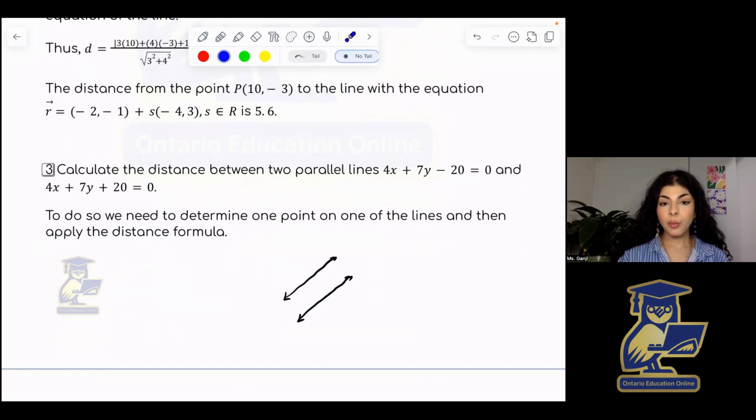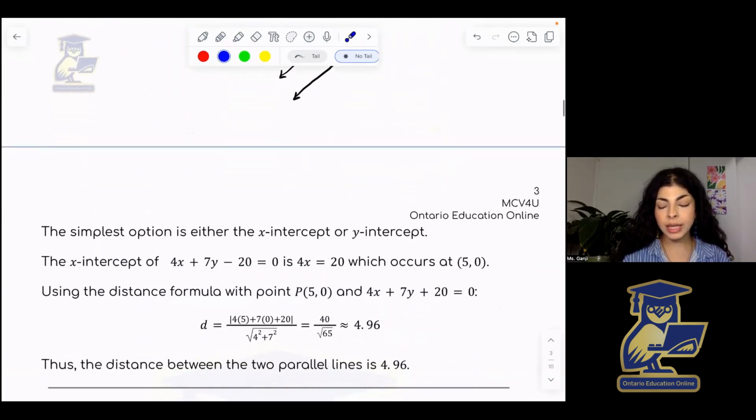Now, knowing what we know, we don't have all the pieces of information, but we can derive the information that we do need from what we are given. So all we have to do is find one point on one of these lines, which is a point that's not on the other line, and then we can use the distance formula.